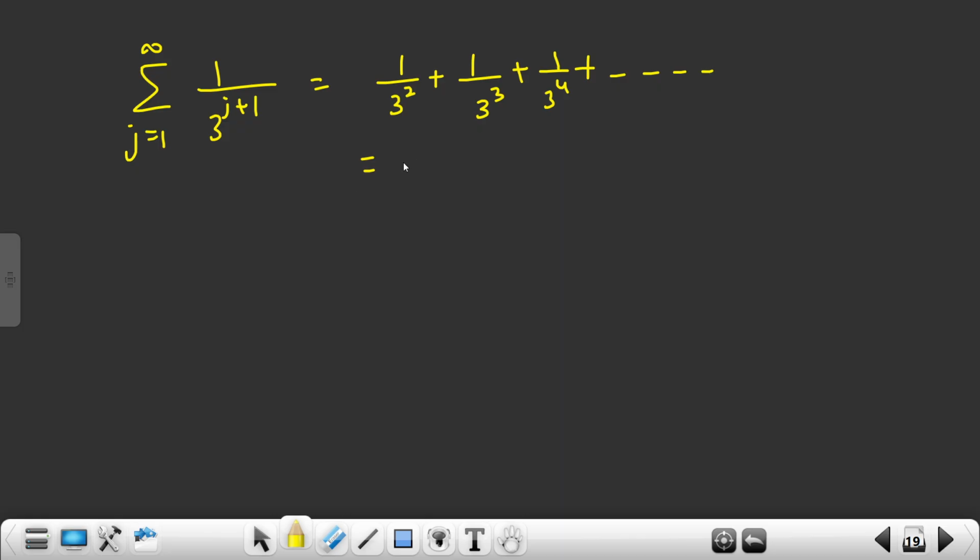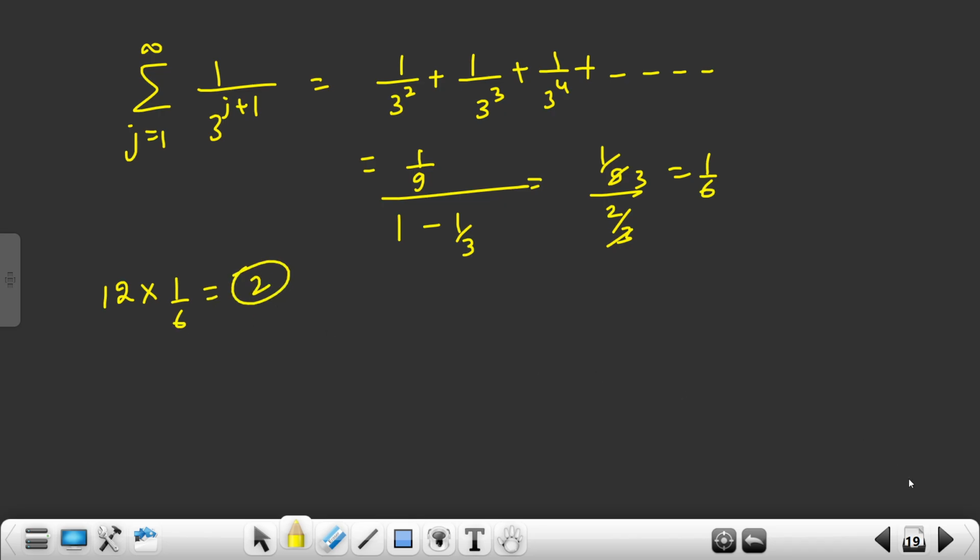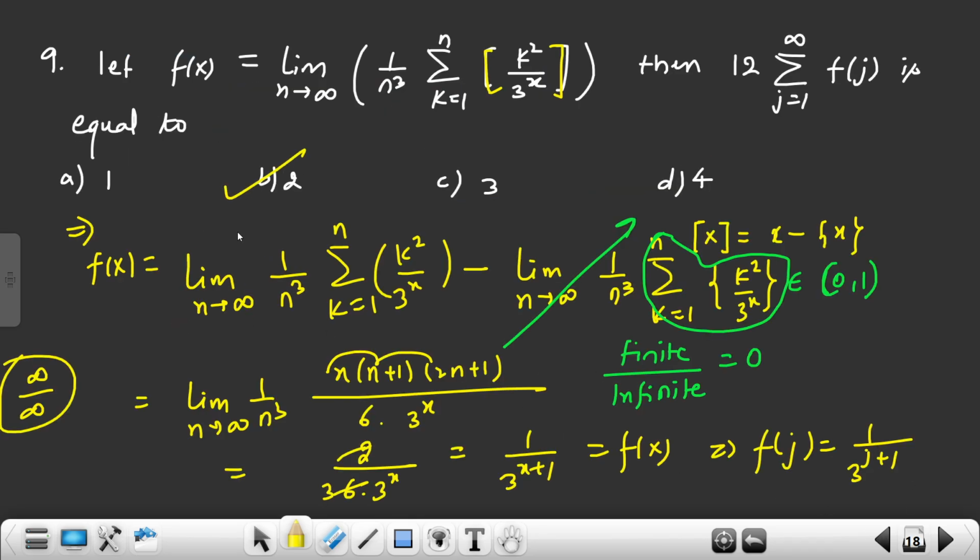This is an infinite GP. The infinite GP formula is a by 1 minus r: a is 1 by 9, 1 minus r is 2 by 3. We cancel, so 1 by 6. They have asked 12 times of 1 by 6. What is the answer? 2. 2 is my final answer.